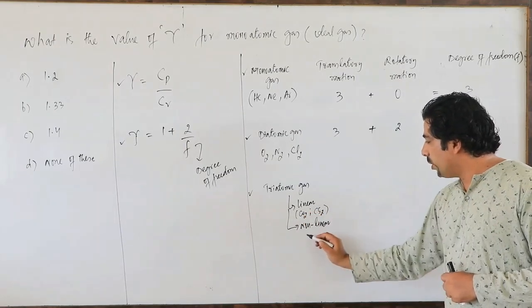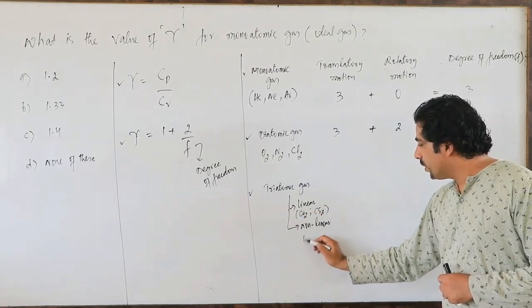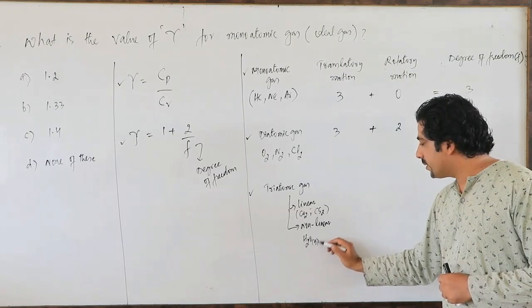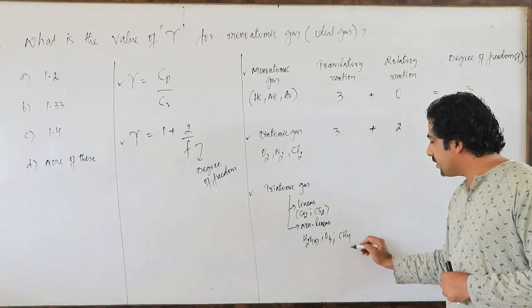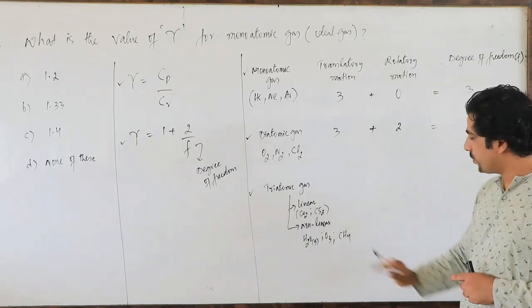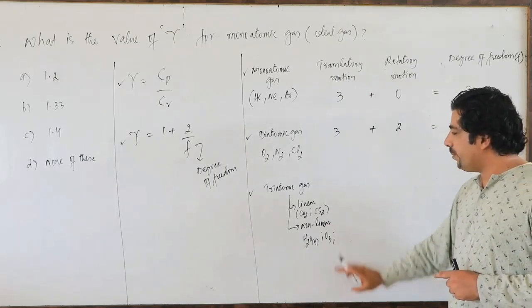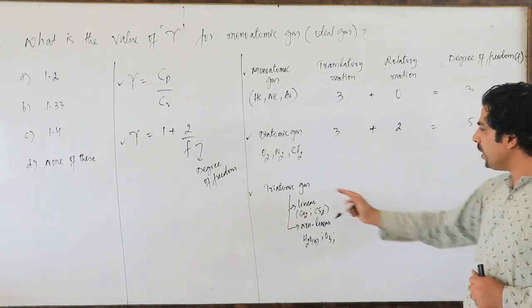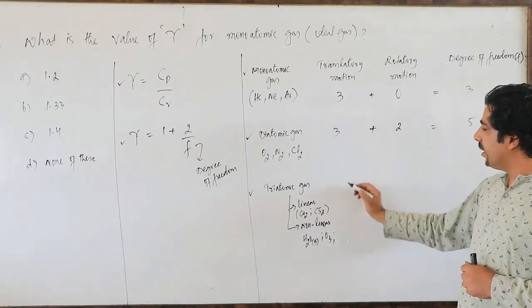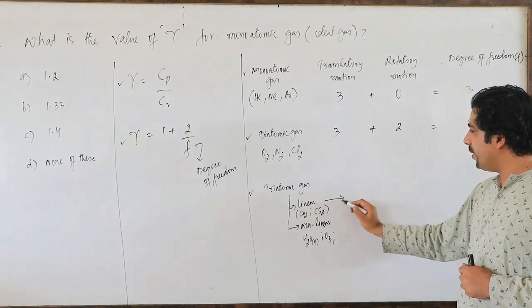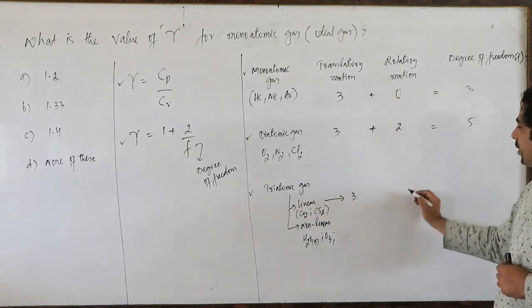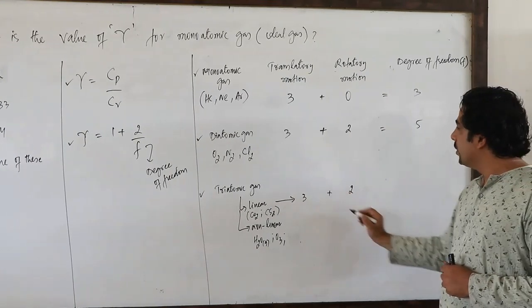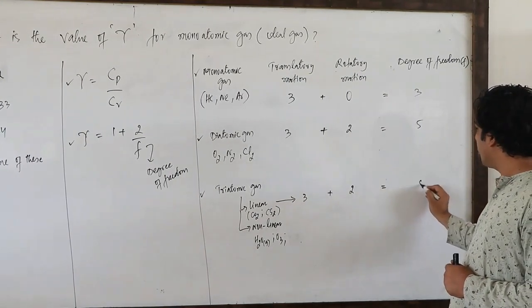And in non-linear you can have, let's suppose, water as a gas, ozone as a gas, methane as a gas. They are non-linear, my dear friends. Let me remove this methane for time being; I will teach you what this is. For linear, the translatory motion is 3, but the rotatory motion is only 2. So the value will be 5 here, my dear friends.